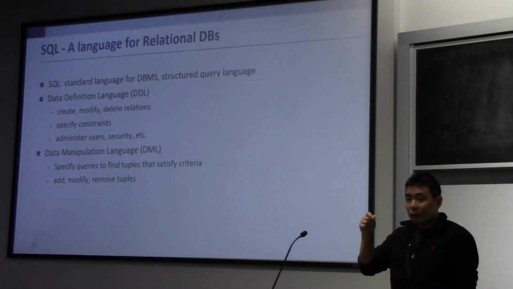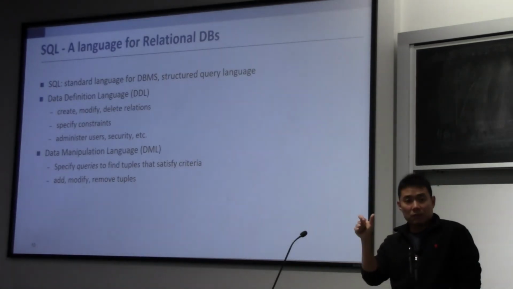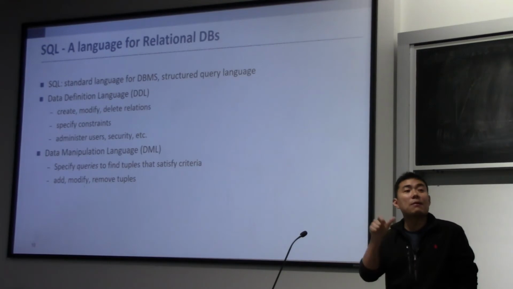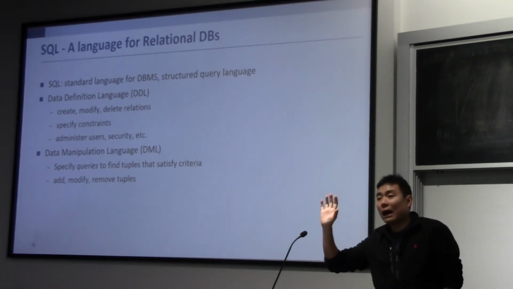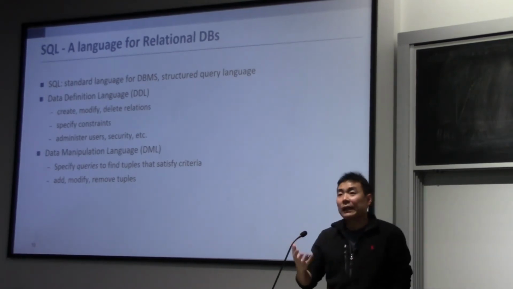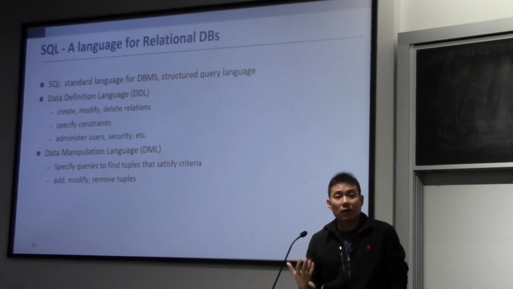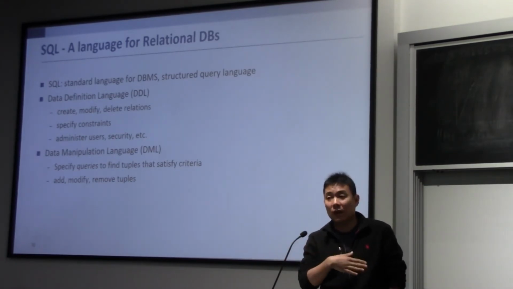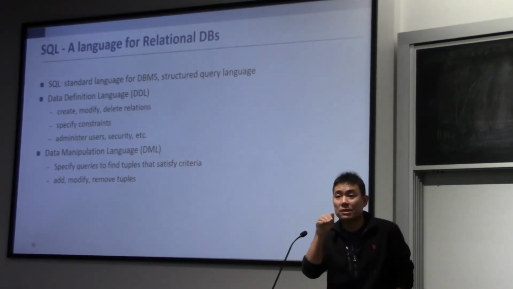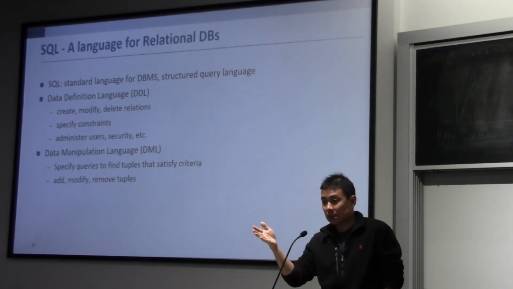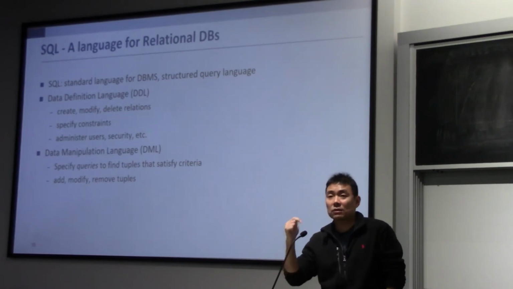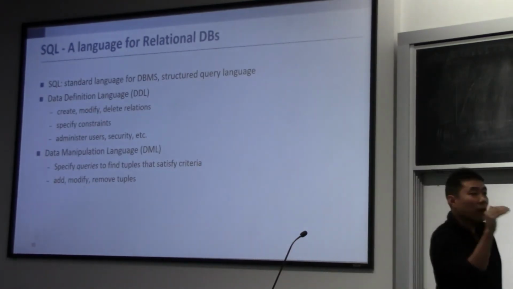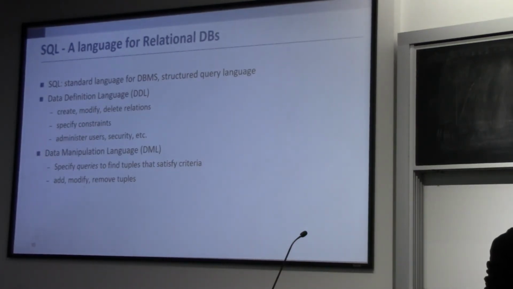DDL refers to those keywords from the SQL language that enable you to update any instance of your relations. You saw an example of DDL just now, which is that insert statement I did. That's DDL because it enables you to modify the underlying instance.